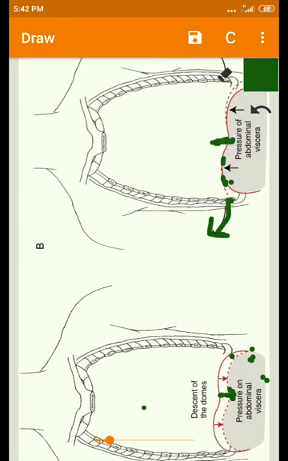So again this creates an upward pull on the lower ribs that results in an upward and outward rotation of the lower rib cage.